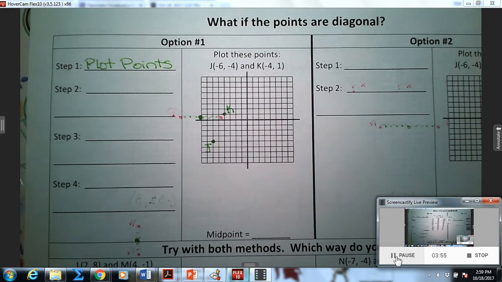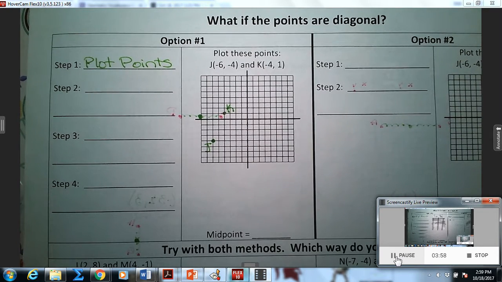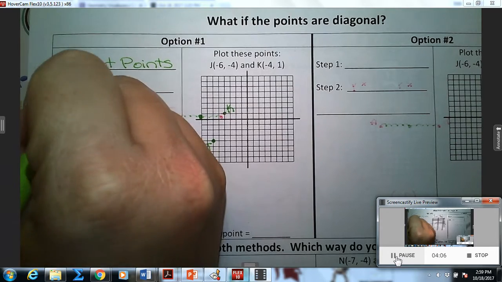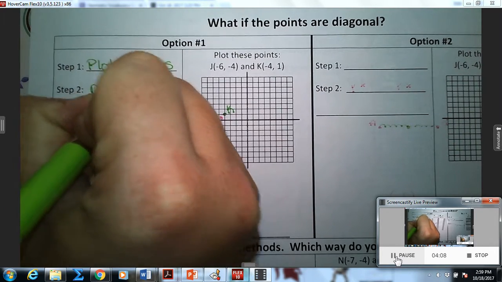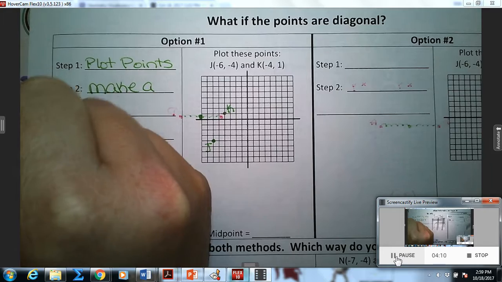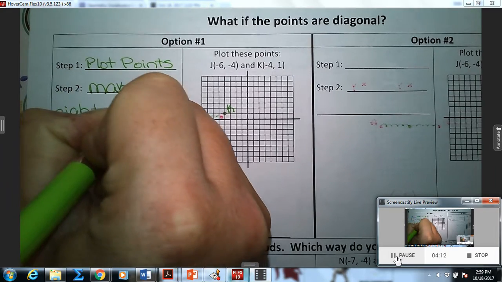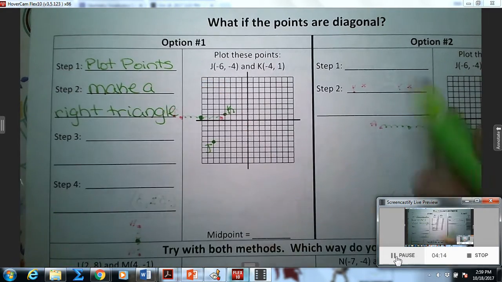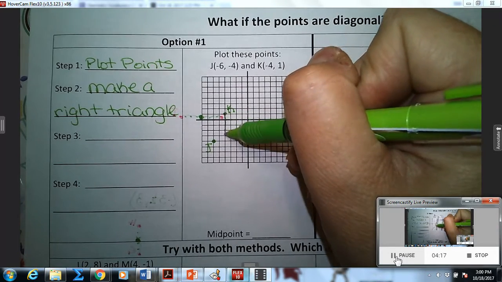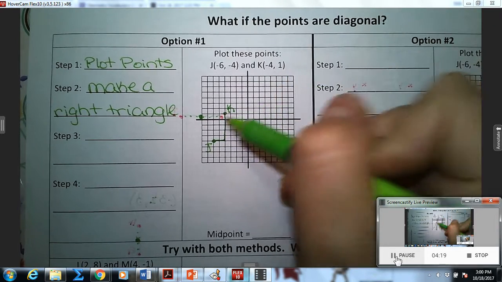Please forgive the pen bleeding through from the other side. Now step 2, just like our previous lesson on distance, we're going to make a right triangle. So extend and create a right triangle.